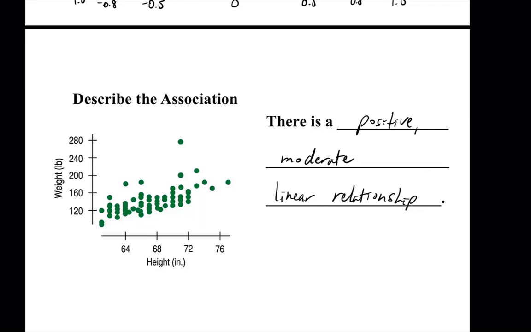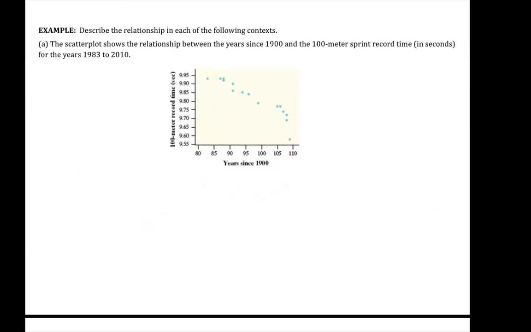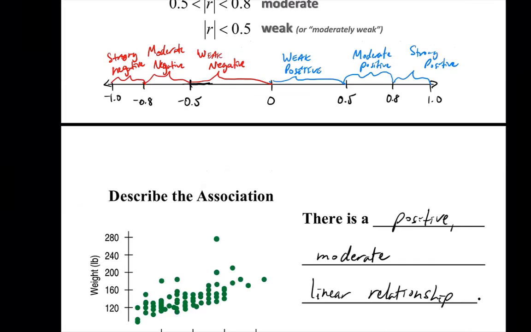Okay, the next one, sprints. Years since 1990, starts with 85, 80, 85, 90, and then the sprint times. So direction, negative. Strength, I would say that's pretty strong. Look at the example of strong over here.